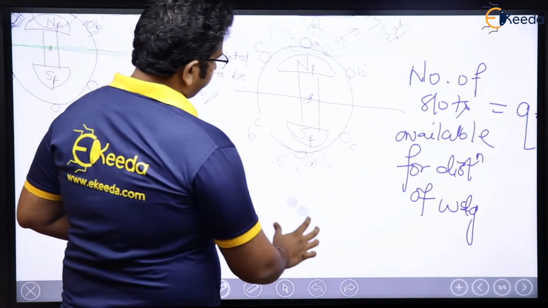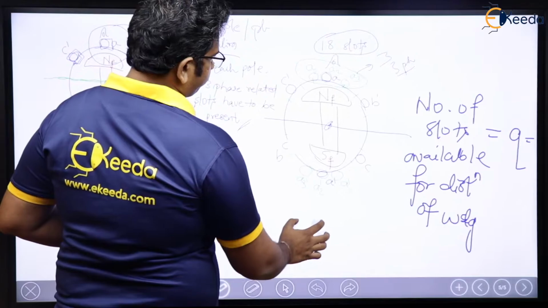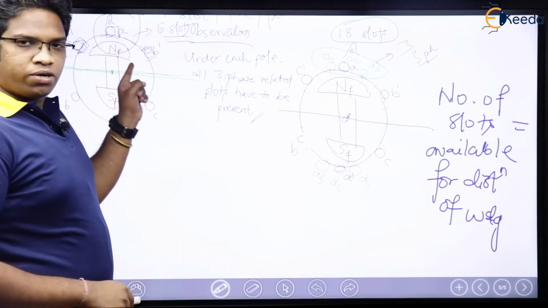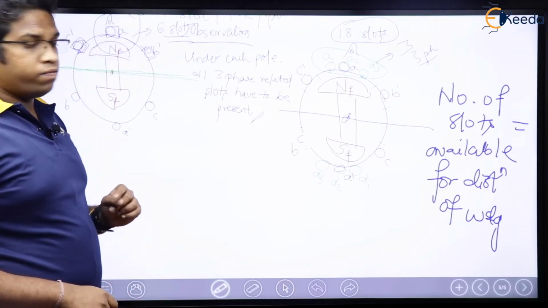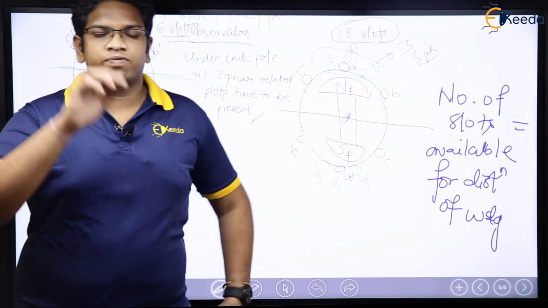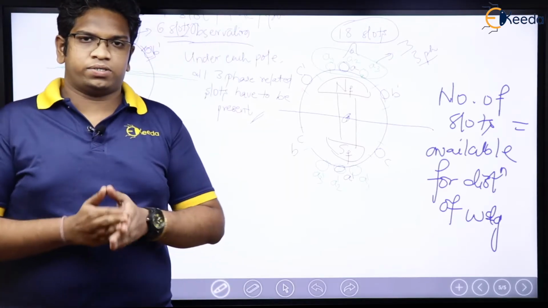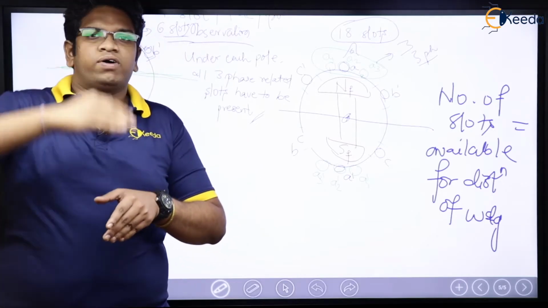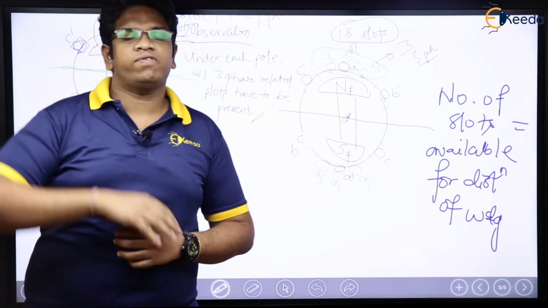See here, very simple. Let me just compare these two so that you will get a clear idea. Initially if you think of here, this was A. Now here if you see, you had 6 slots. Total slots were 6. Out of these 6 slots, half were for North Pole, half were for South Pole.